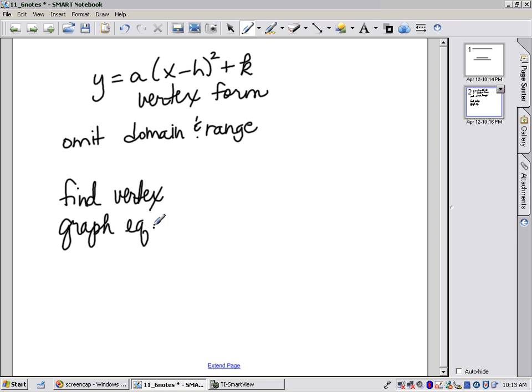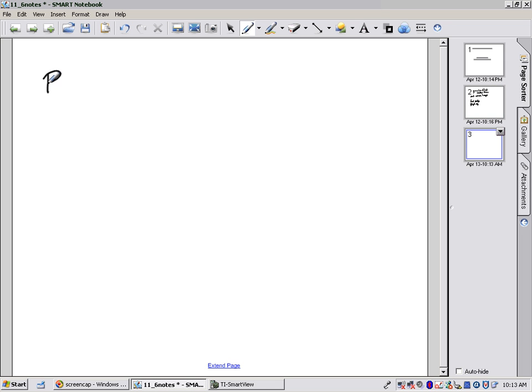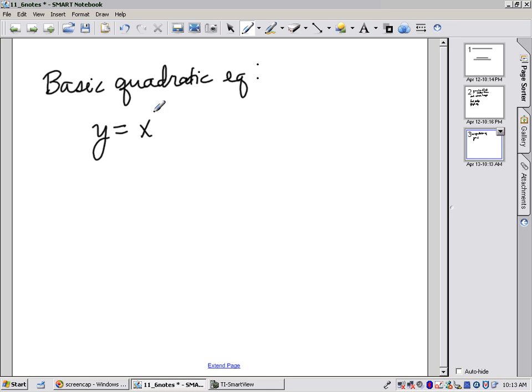So let's start with talking about the basic quadratic equation, and that is the equation y is equal to x squared. Now, if you didn't know the shape of the equation, you could actually plot points, by putting in like -2, -1, 0, 1, and 2.